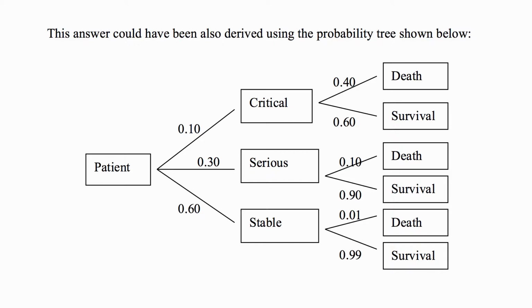And they have these corresponding probabilities of 10%, 30%, and 60%. And then given that the patient is critical, probability of death is 0.40, probability of survival is 0.60. Given that the patient is serious, probability of death is 0.10, probability of survival is 0.90. Given that the patient is stable, probability of death is 0.01, probability of survival is 0.99.